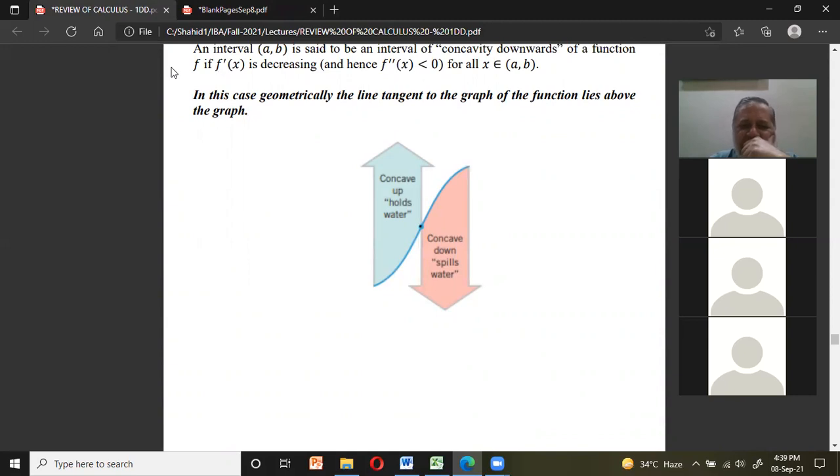On the left of this, the graph is such that if you make the tangent, it will be below the graph. On the right side, if you make the tangent, it will be above the graph. At this point, the tangent will cross the graph. To the left-hand side, the shape of the graph is sort of concave up.